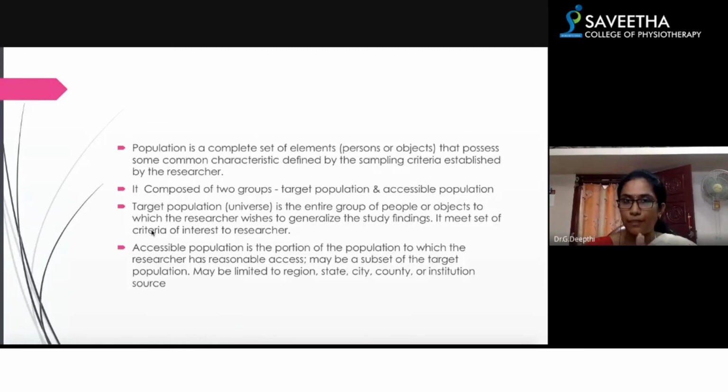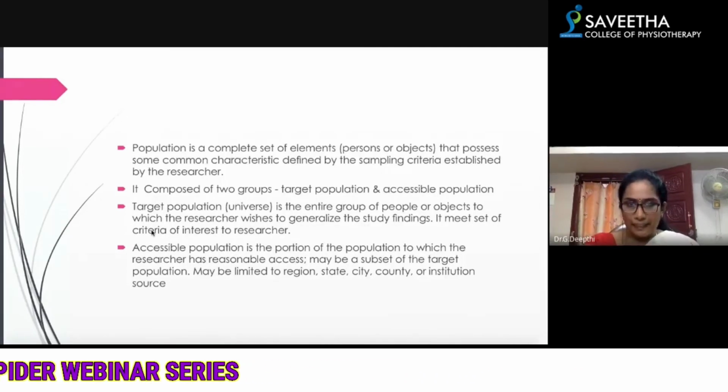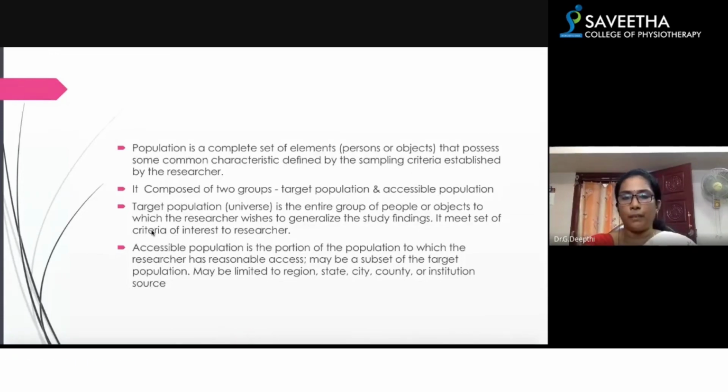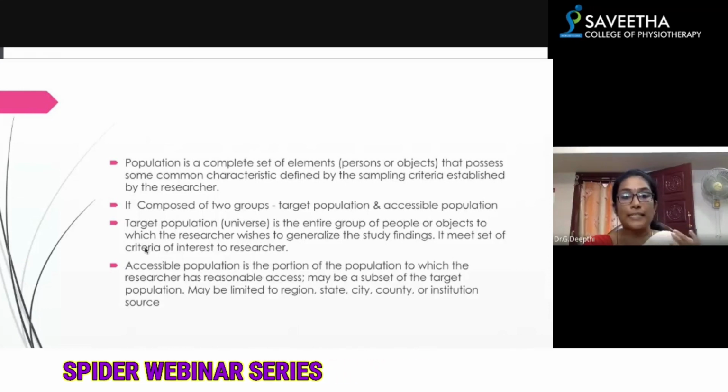Then the accessible population is the portion of the target population I take, maybe limited to a region, state, city, institution, or particular clinic. So I fix that. That is my accessible population.